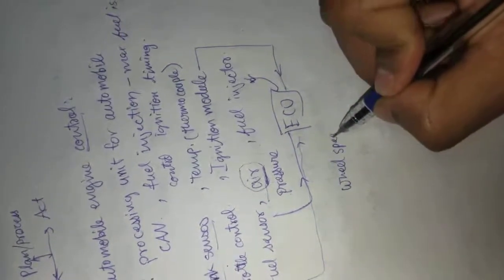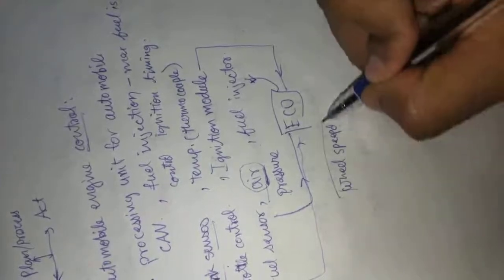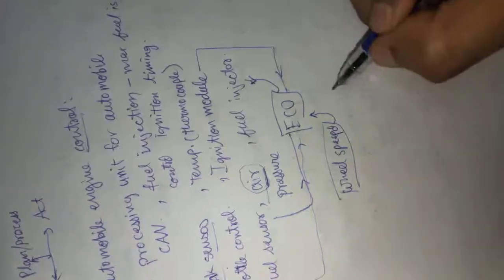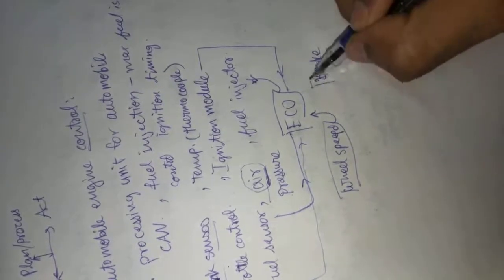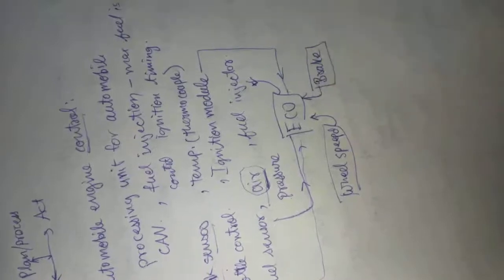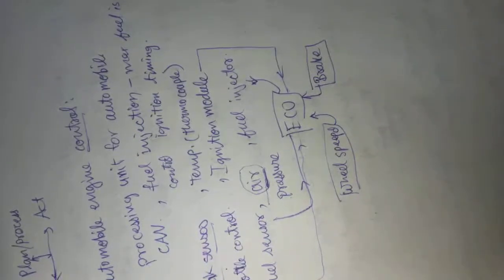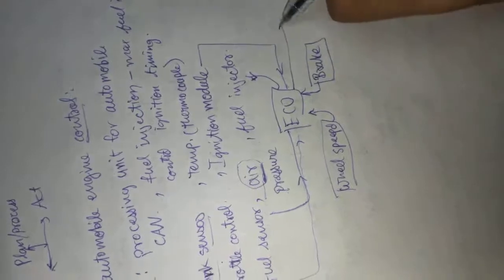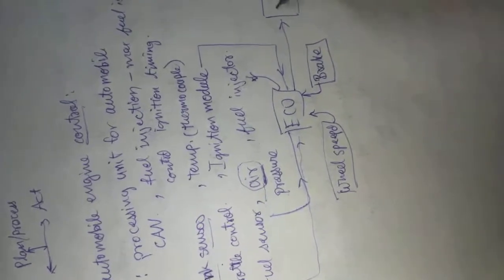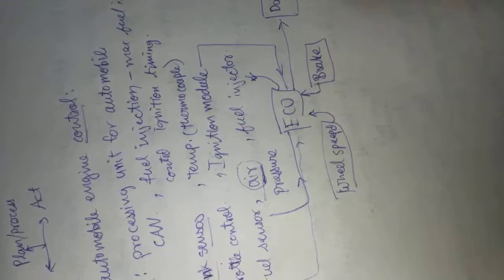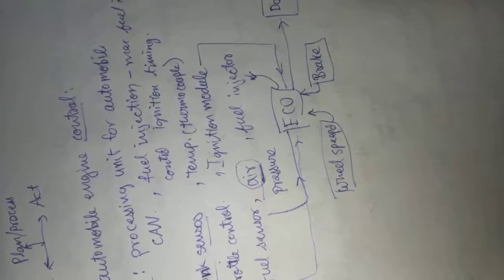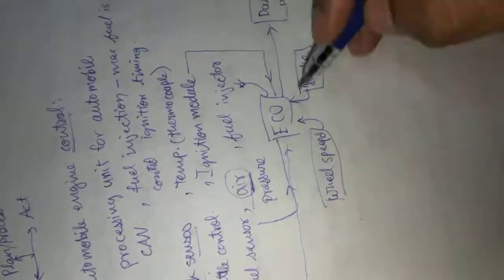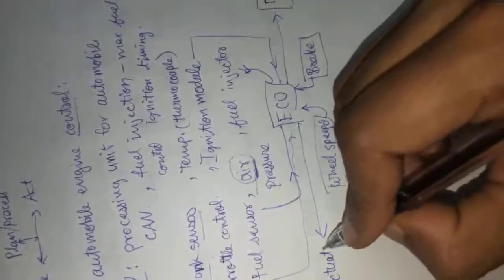Other than this, we have wheel speed sensors, and we have an indication for the hand brake, which we can give to the ECU, and that is given to the dashboard. So the ECU gives some signals to the dashboard for indication, and the ECU gives some signals to the actuators.